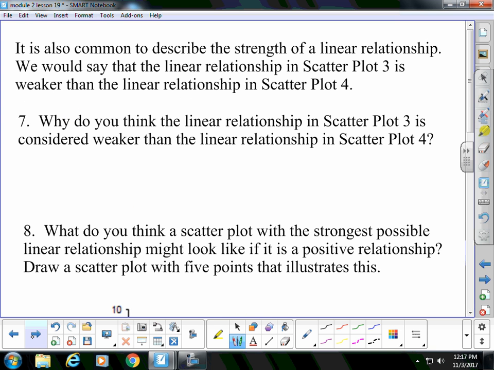It's also common to describe the strength of the linear relationship. We would say that the linear relationship in scatter plot 3 is weaker than the linear relationship in scatter plot 4. Why do you think that the linear relationship in scatter plot 3 is considered weaker than the linear relationship in scatter plot 4?